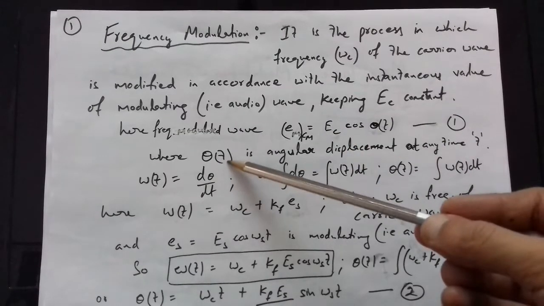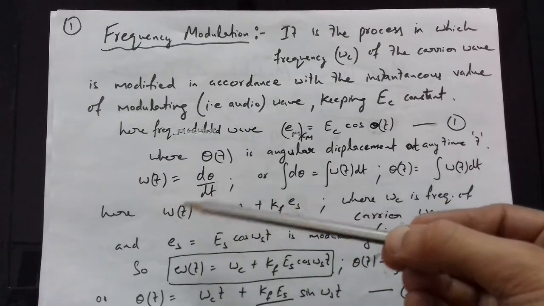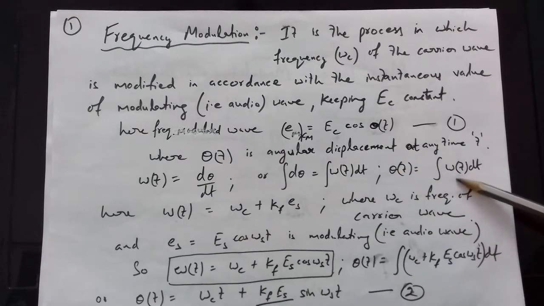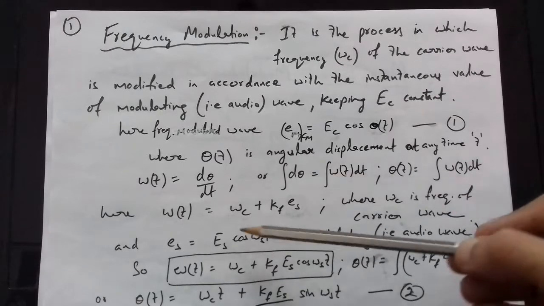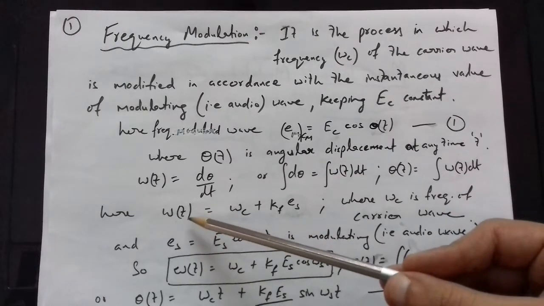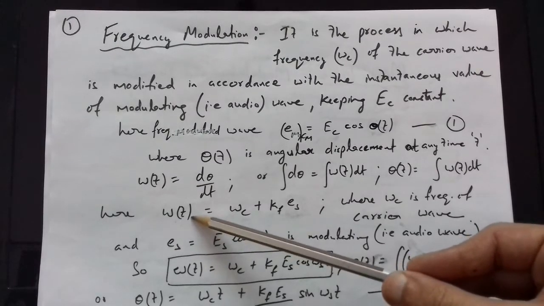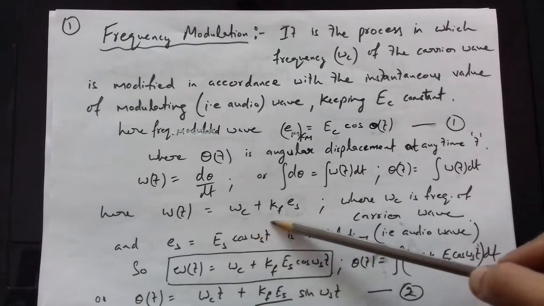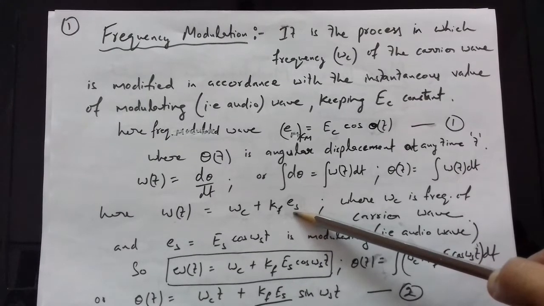Now theta t, the angular displacement, is given as omega t = d theta by dt. So from here you can easily find the expression for theta t in terms of omega. As we have said that the frequency gets modified, the instantaneous frequency of the FM wave, omega t, is equal to the frequency of the carrier wave plus the instantaneous value of the modulating signal Es.